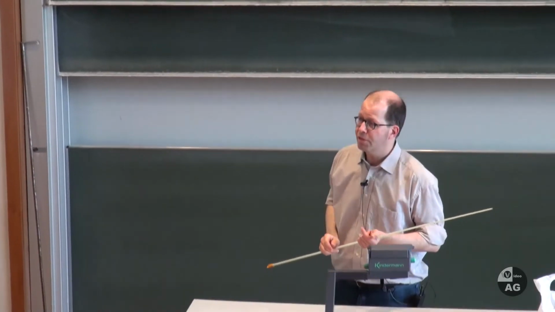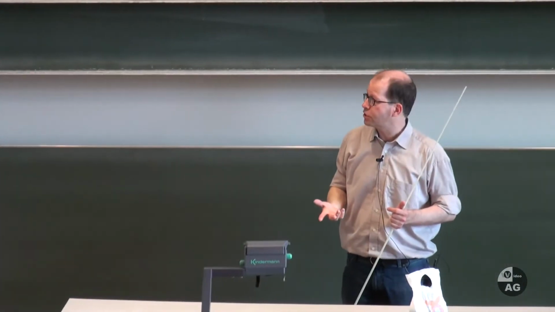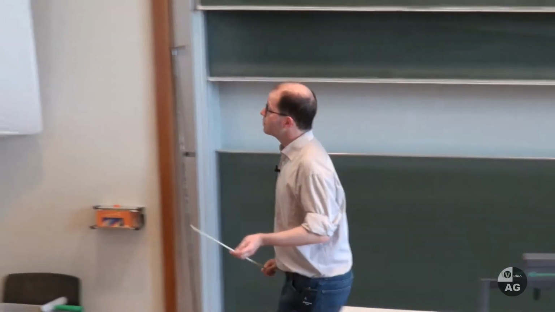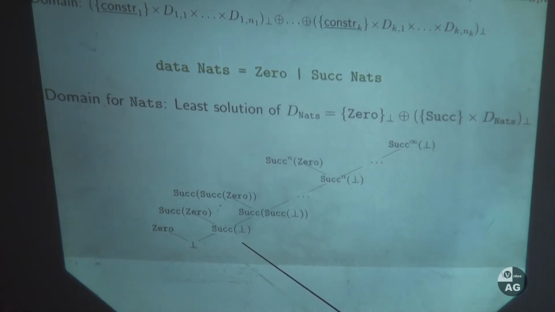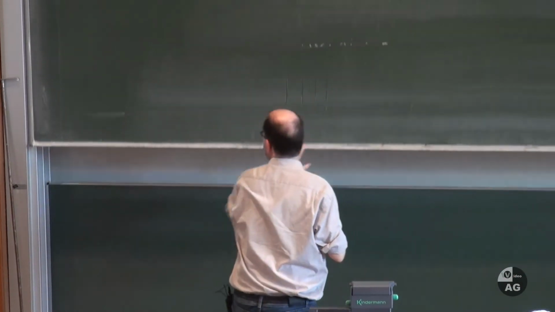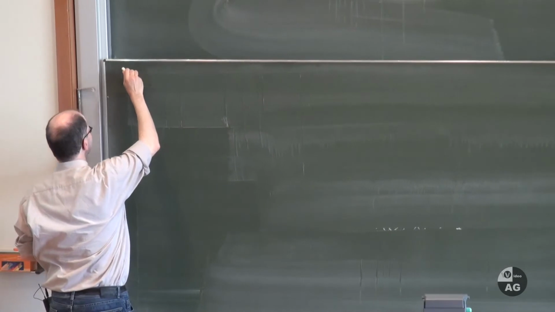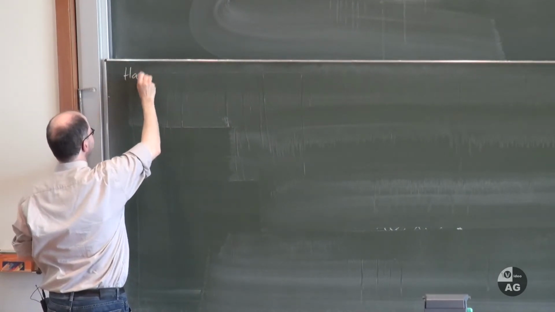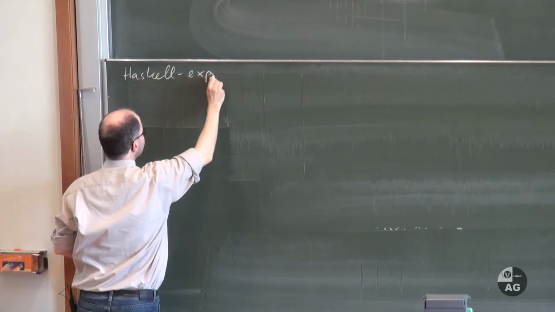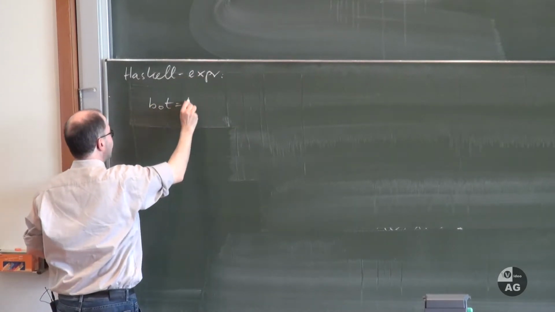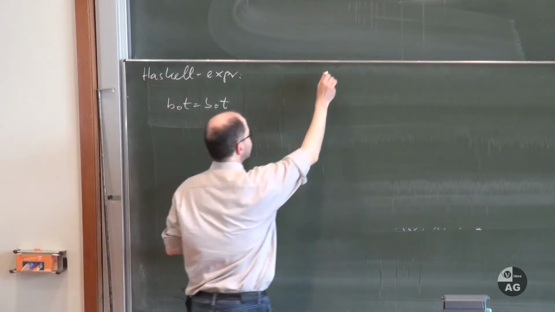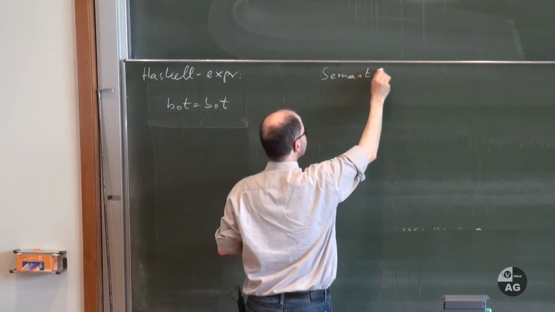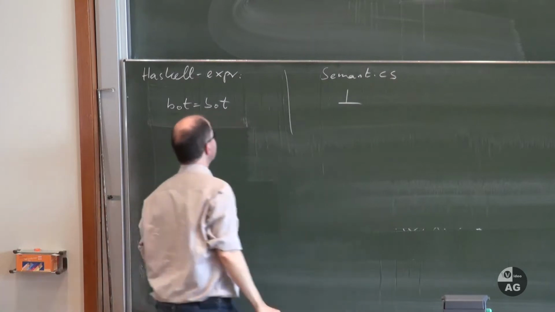And in this example, for each element here, we can come up with a Haskell expression which has this object as its semantics. So, for example, if you want to define a Haskell expression which has suc bottom as its semantics, how would that look? That would look like this, for example. If I define something like this, then clearly bot has the semantics bottom.